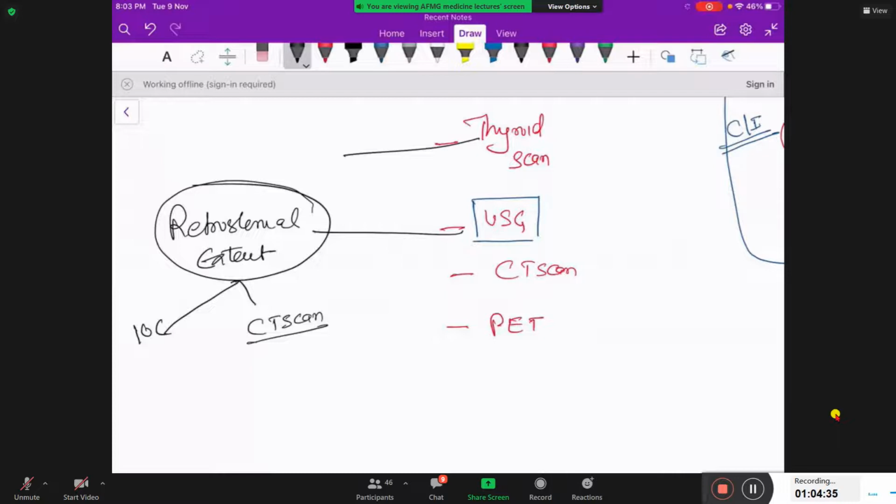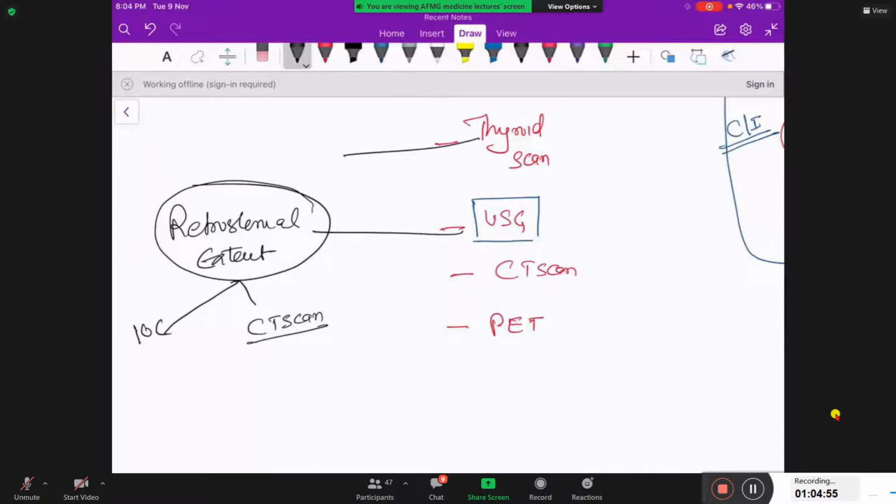So how will we know that the gland has gone into the retrosternum or not? First of all, a very important and basic point about thyroid clinical examination, because clinical questions are going to be there in exam.